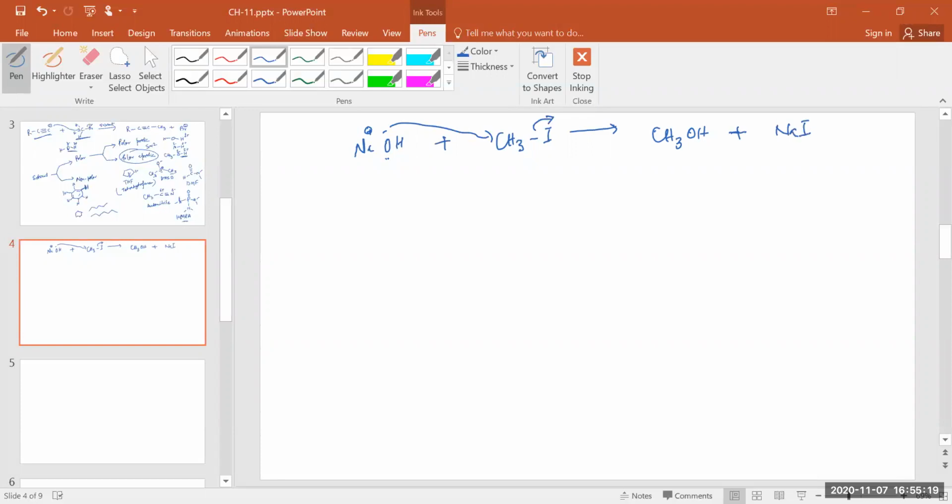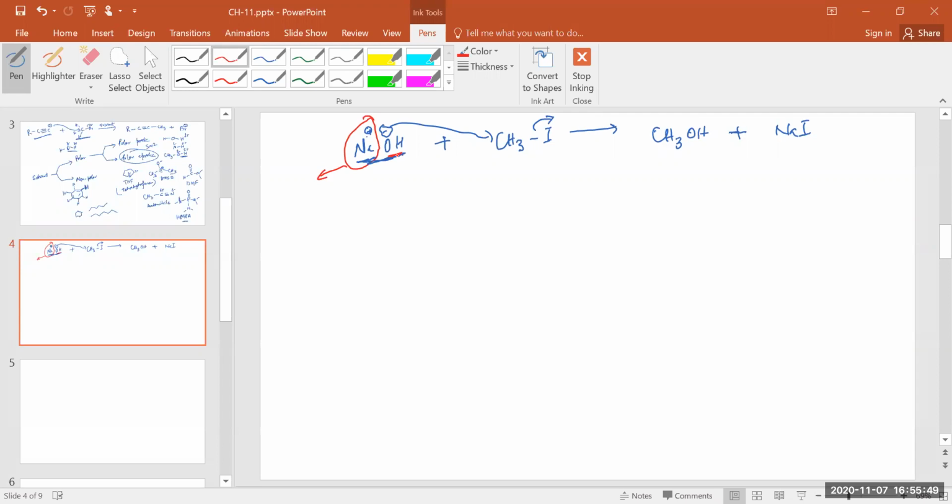Here you see this OH minus is not free, because there is a very strong electrostatic attraction between sodium and the hydroxide ion. To make it free, you need to pull out this sodium. If you pull it out, then this will be free and that will react.